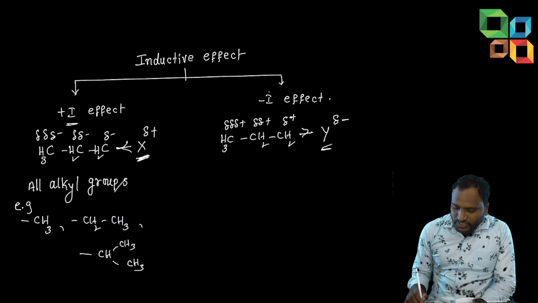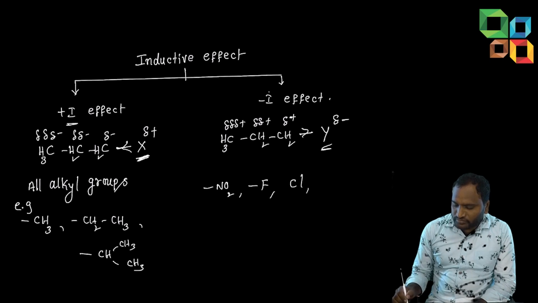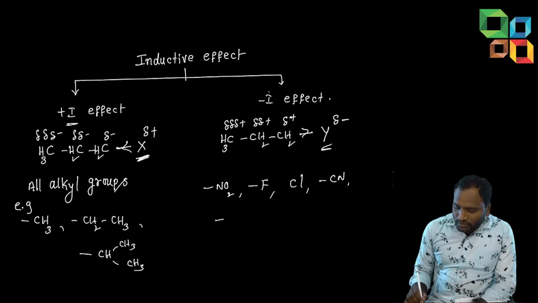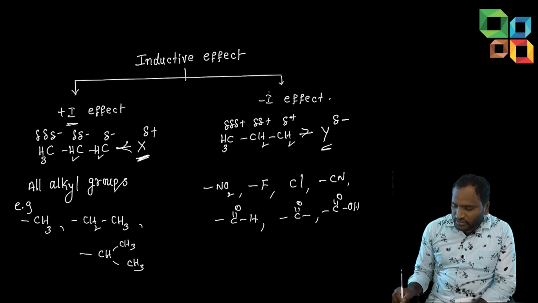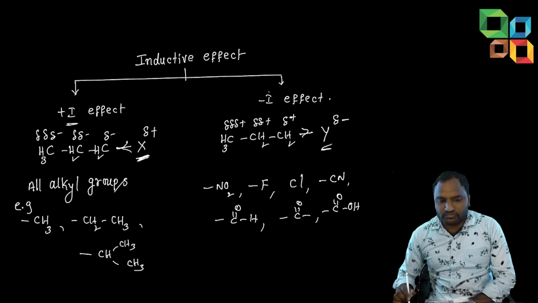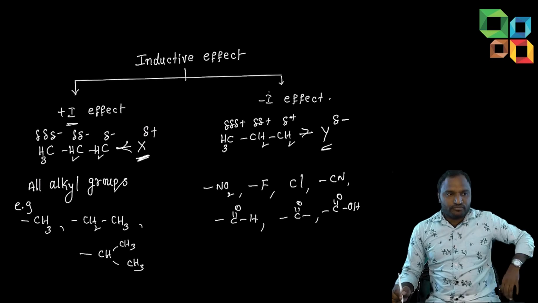Minus psi effect groups: electronegative atoms like NO2, fluorine, chlorine, all halogens, CN, all carbonyl compounds like aldehydes, ketones, carboxylic acids. These are all minus psi effect groups.